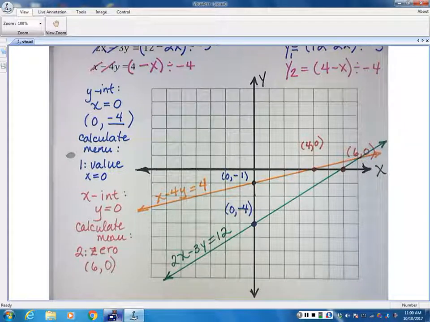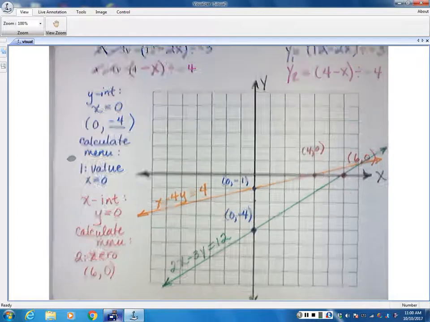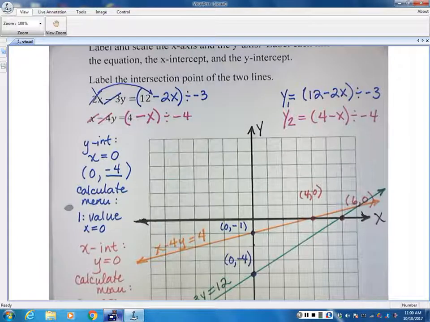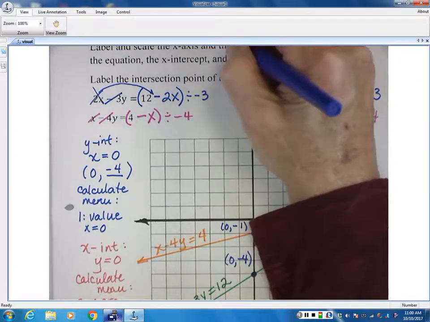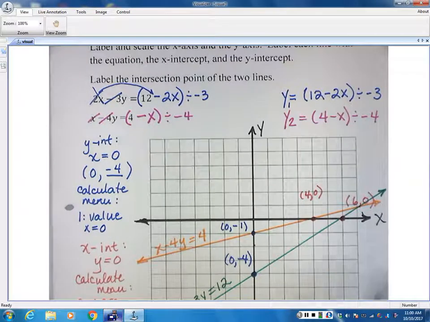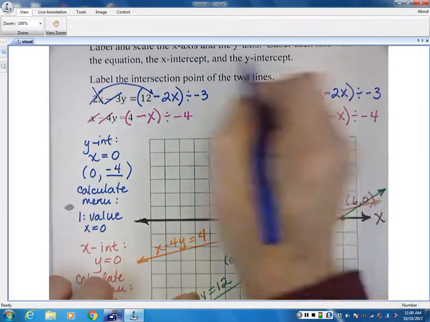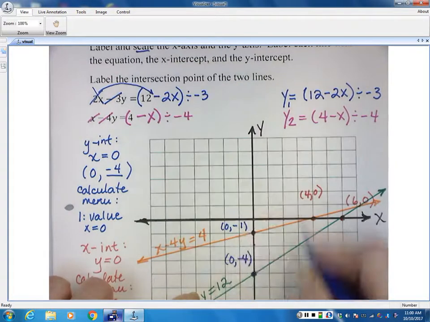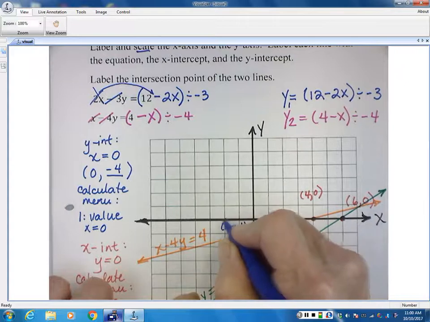And I have one thing left to do. Because I have labeled the x-axis and the y-axis, and to scale it, all I really need you to do is put some of the points in there. So when I scale those axes, what I do is I say -1, -2, -3, -4, -5.